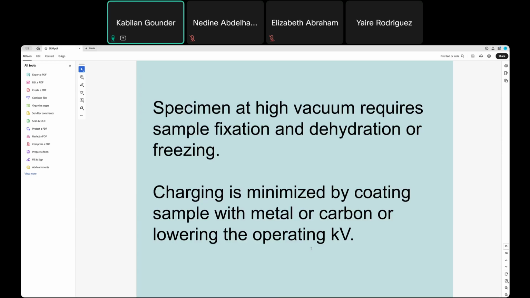When you work on this sample, as we discussed, the vacuum is important to prevent corrosion and helps the electrons travel to strike the samples. So that is another important thing: we have to coat the samples. The specimen at a high vacuum requires sample fixation and dehydration. That is another interesting feature of this process.